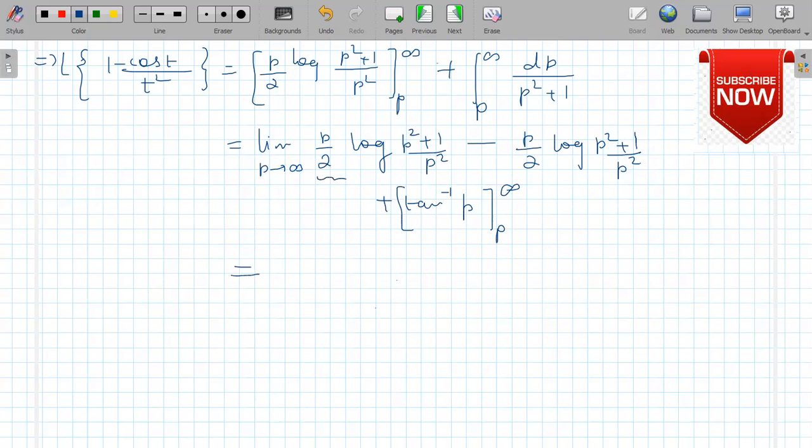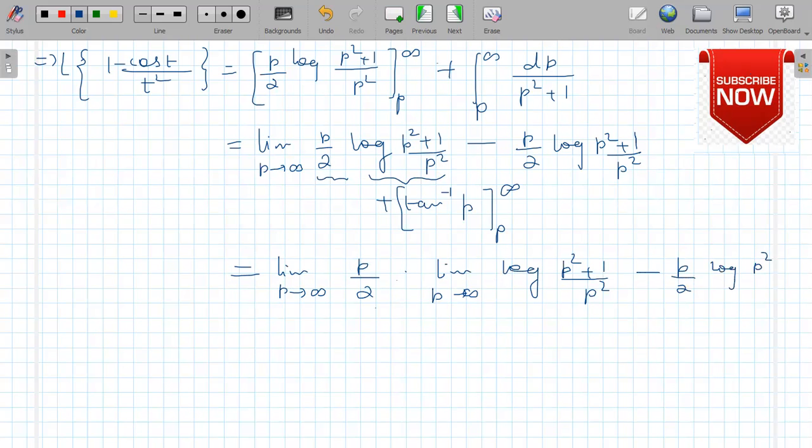So limit will apply separately on this as well as this. So limit P approaches to infinity, P upon 2 into limit P approaches to infinity, log of P square plus 1 divided by P square minus, this is same expression, and this value again we'll take the limiting value of tan inverse P and tan inverse P. So now one by one we'll see the limit.